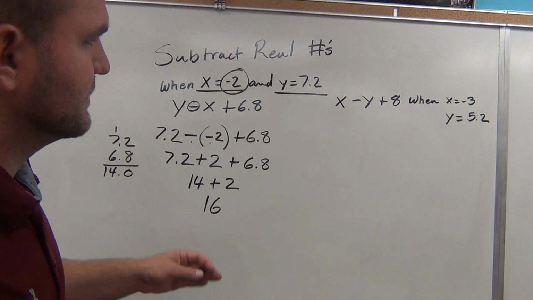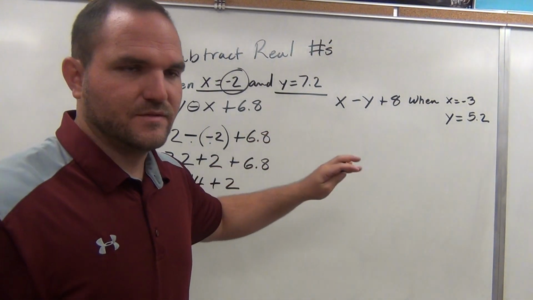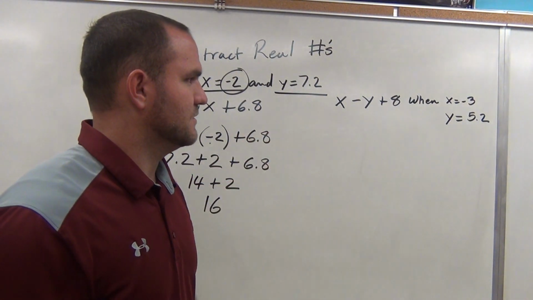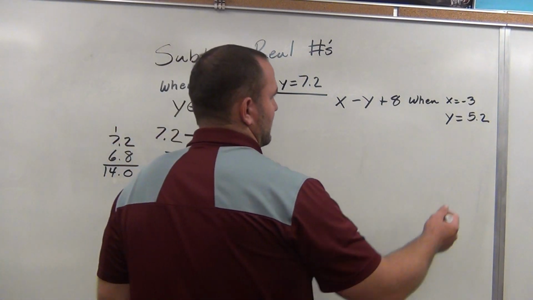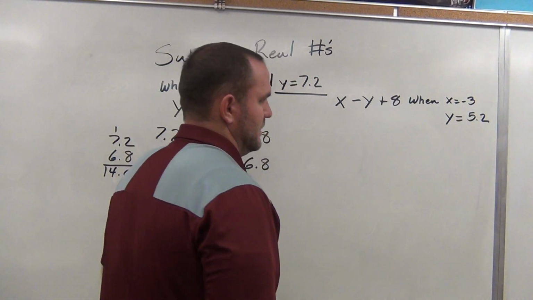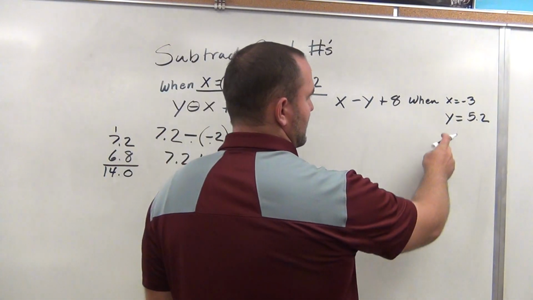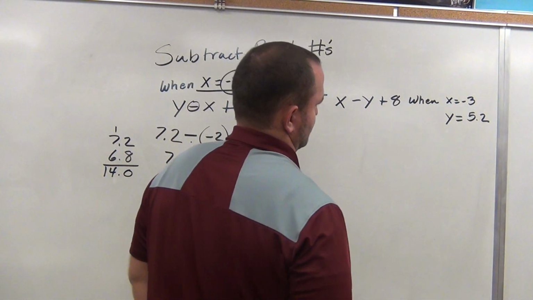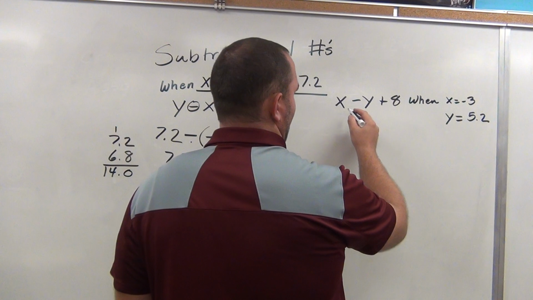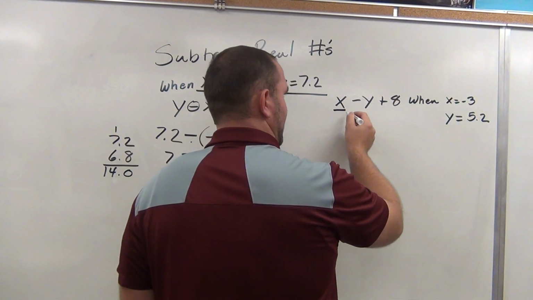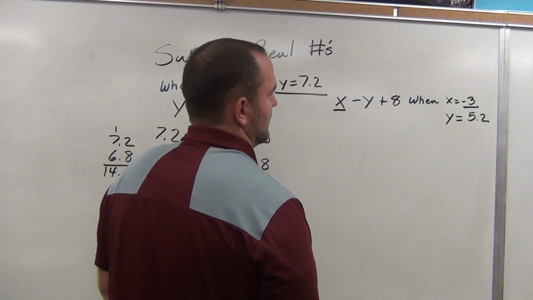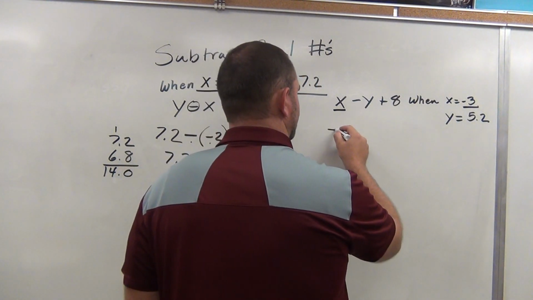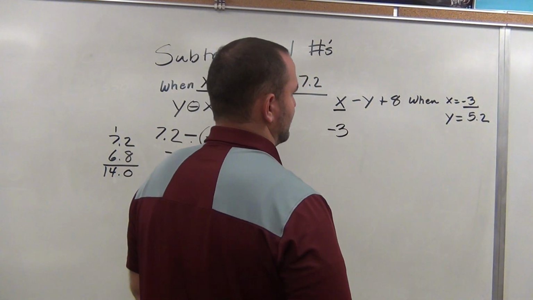So let's look at this other example. Once again, pause the video, see if you can do it on your own. So I have x equals negative 3 and y equals 5.2. So I can substitute in this x for what equals this x and just plug it in. So negative 3.